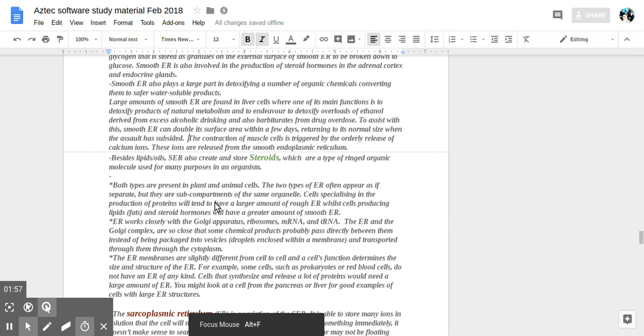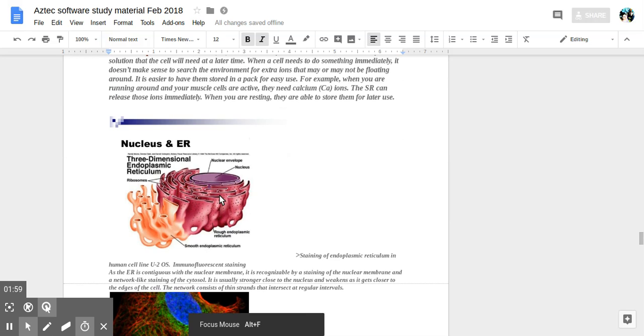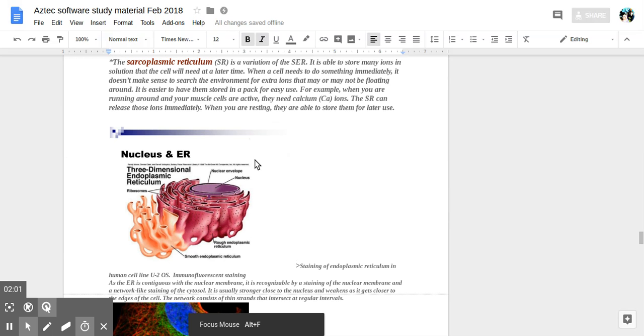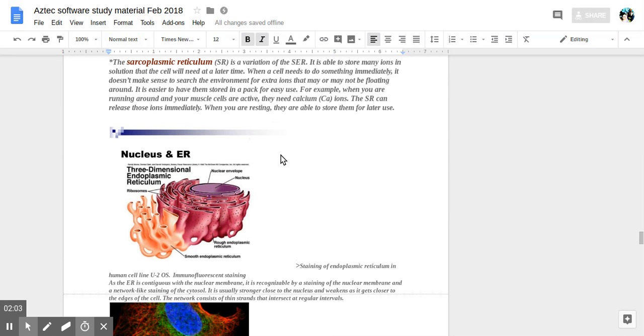And sarcoplasmic reticulum is used for storing ions that are helpful, such as calcium, that are needed for cell functions.